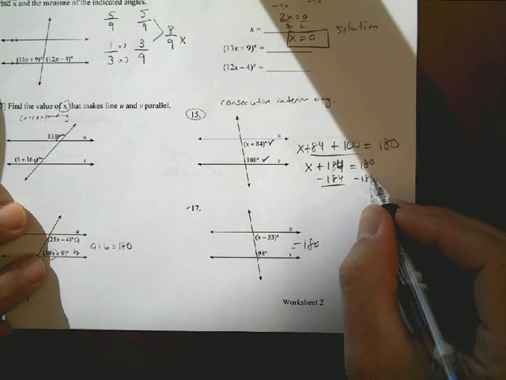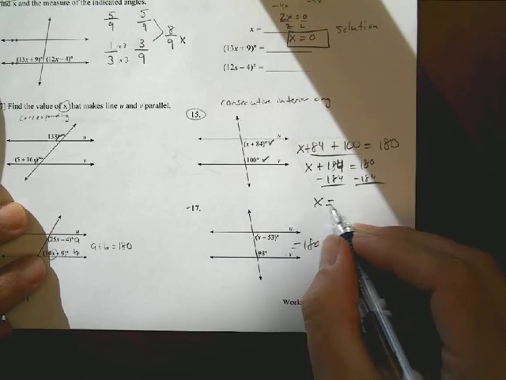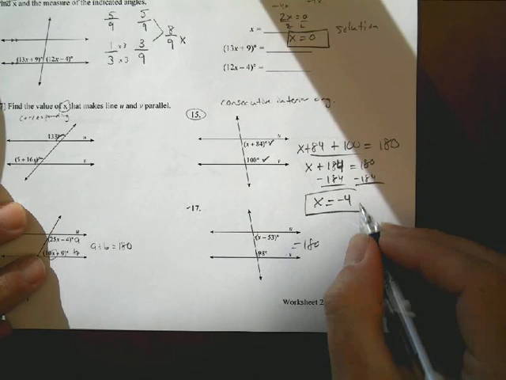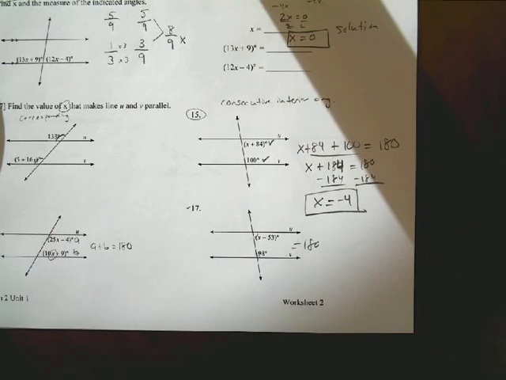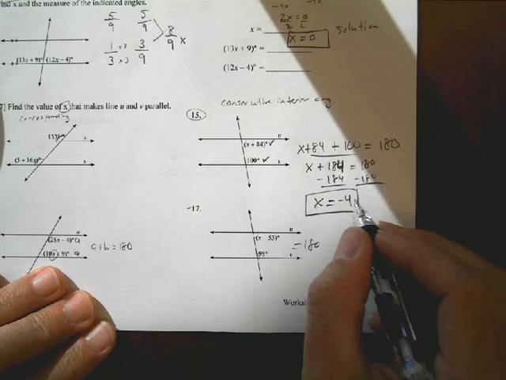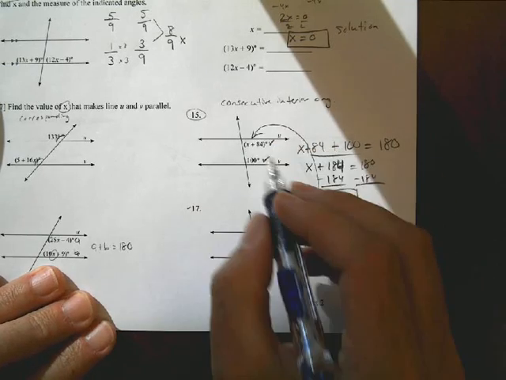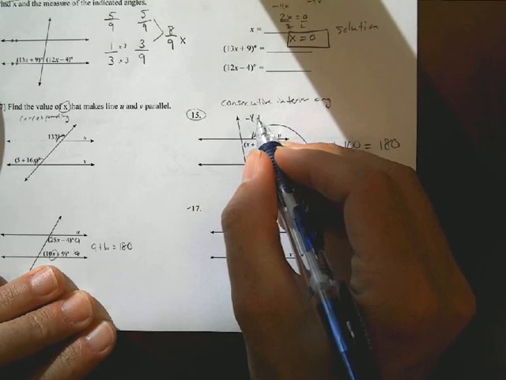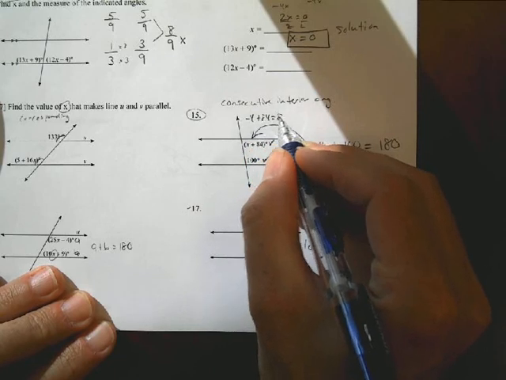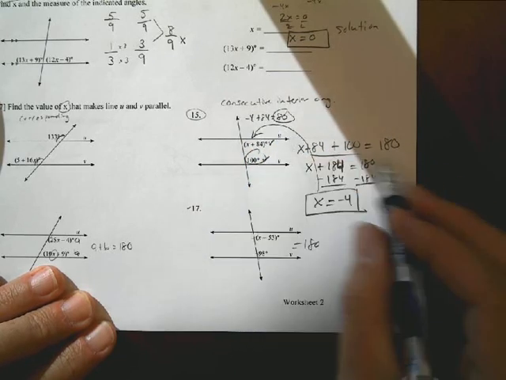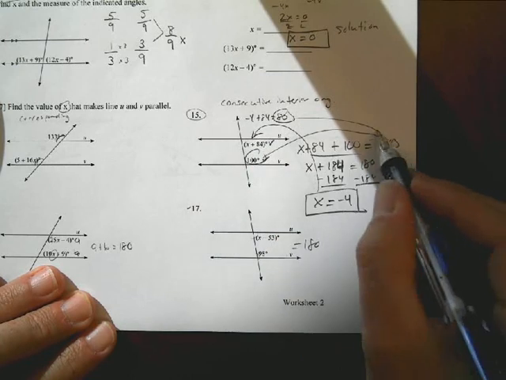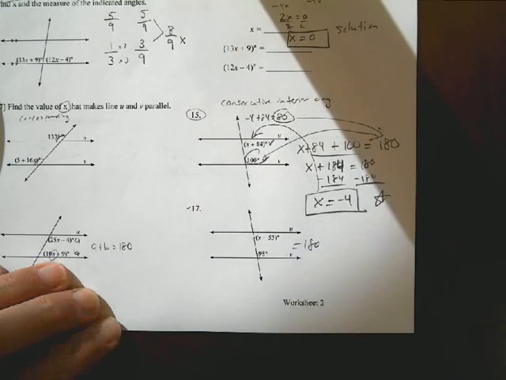I subtract 184 from both sides, and we find out that x equals -4. That's the solution I got. It seems odd in some ways, but yet it is a solution, because if I plug this number back into here, we would say -4 plus 84 equals 80. And does 80 plus 100 equal 180? Well, it sure does, so we are okay.